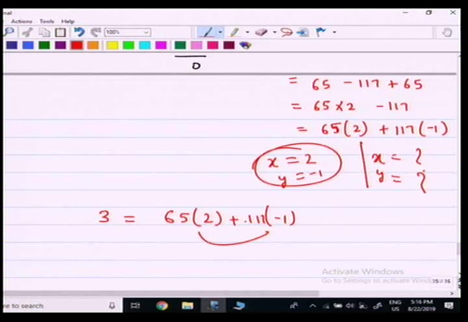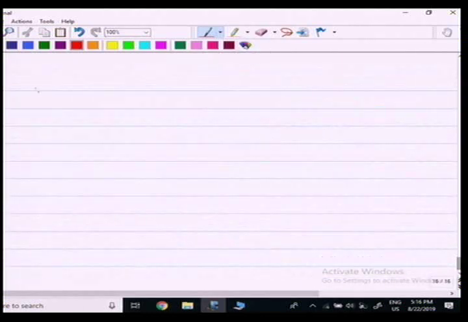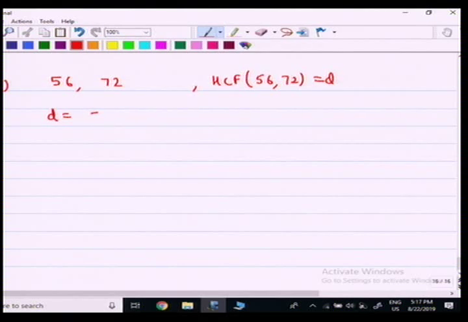So now how can we write that? Let us do one question. The question is, if D is the HCF of 56 and 72, so 56 and 72 are two numbers and the HCF of 56 and 72 is D. First we have to write D is equal to 56x plus 72y.